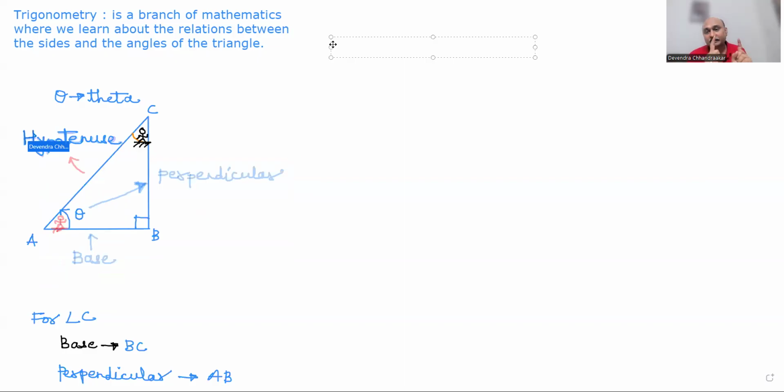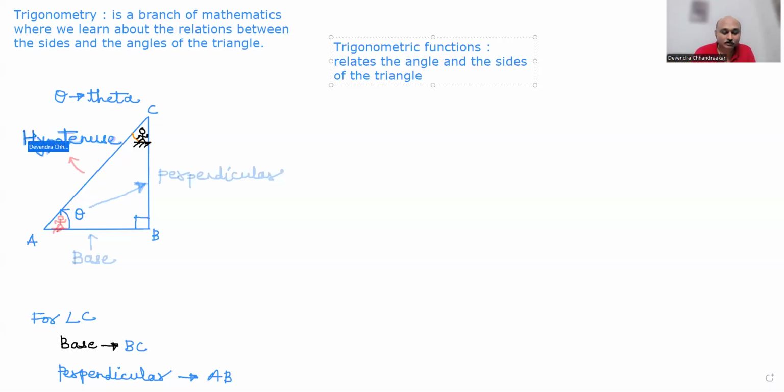As we are discussing the relations between the sides and the angles of a triangle, now we will discuss trigonometric functions. What do they do? Trigonometric functions relate the angles and the sides of the triangle.